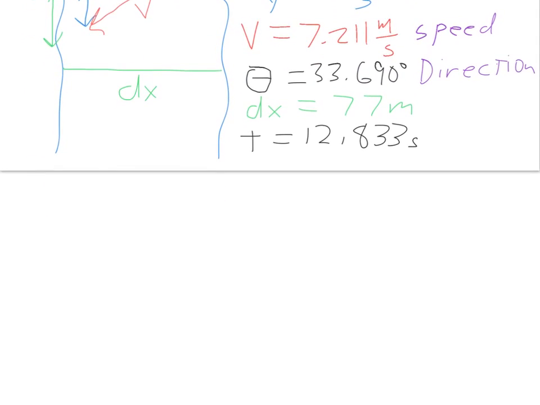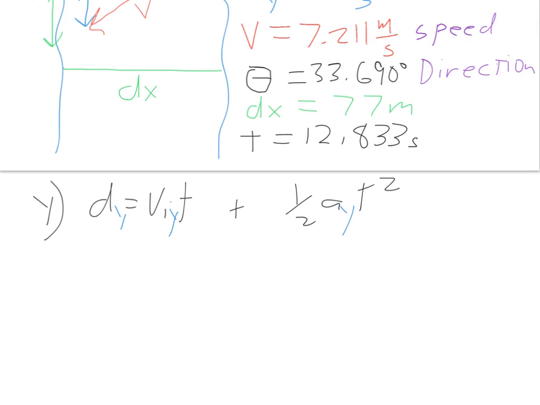Again, this is just an application of the displacement equation, d equals vit plus 1/2 at squared, where I'm looking at things in this y direction. So anything that's a vector, I'm going to label with a y. So we've got dy, we've got vy, and we've got ay.